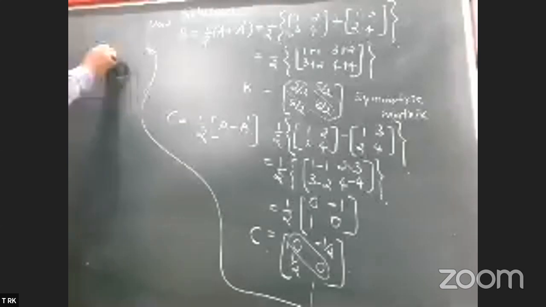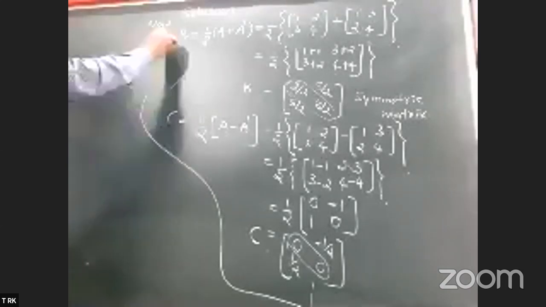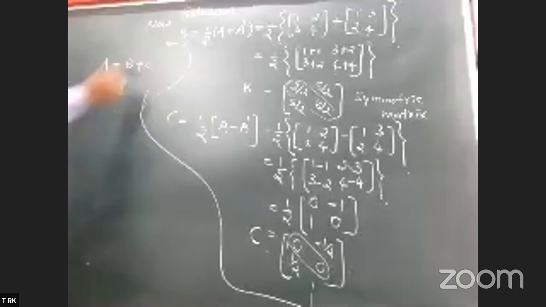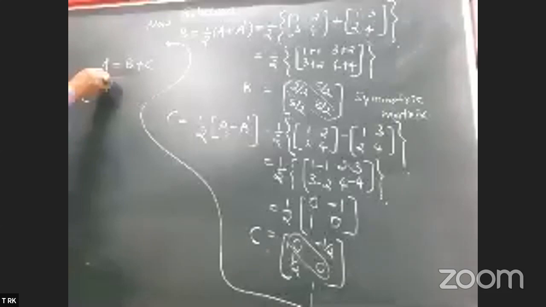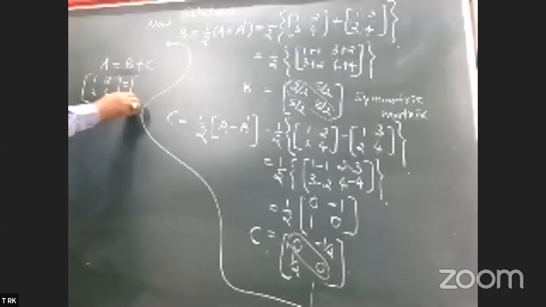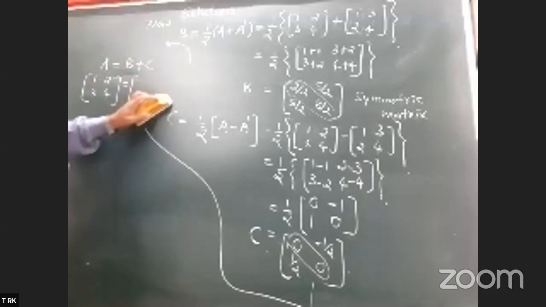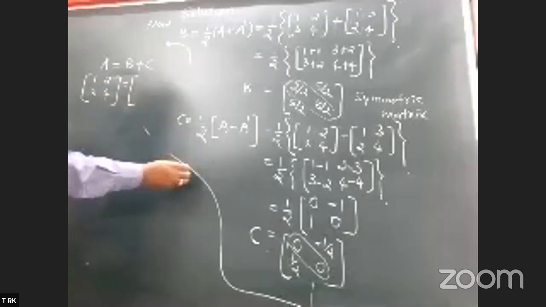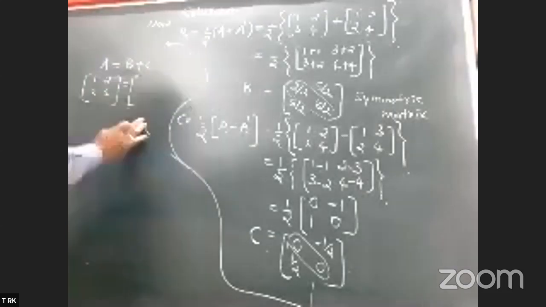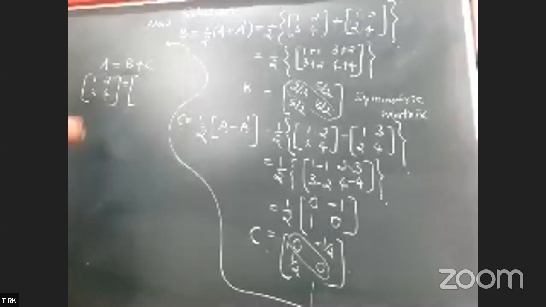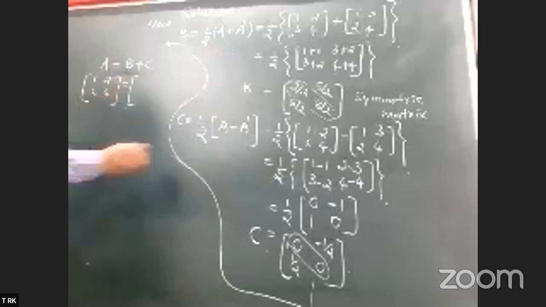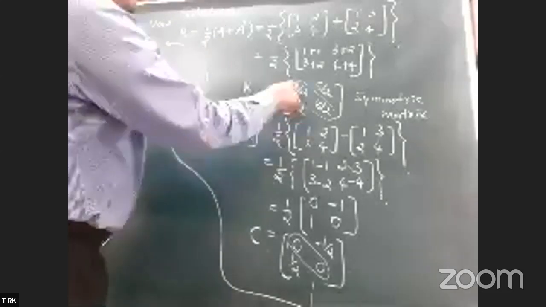A is equal to B plus C. That is, A is 1, 2, 3, 4, and B is equal to 2 by 2, further we can write 1.